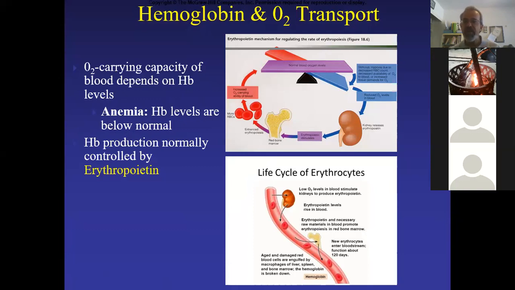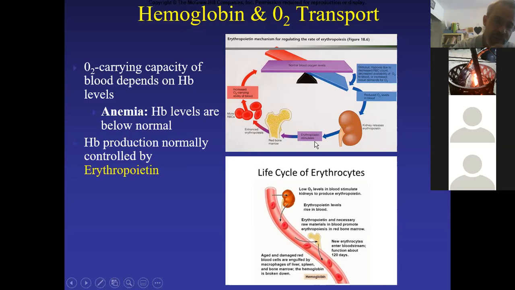The production of hemoglobin is under the control of the hormone called erythropoietin, which is produced by the kidneys.